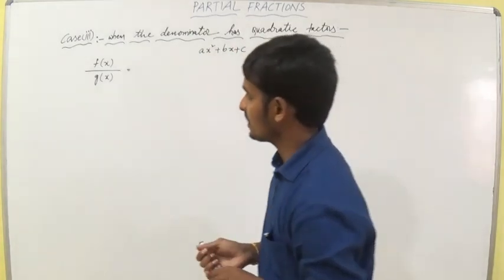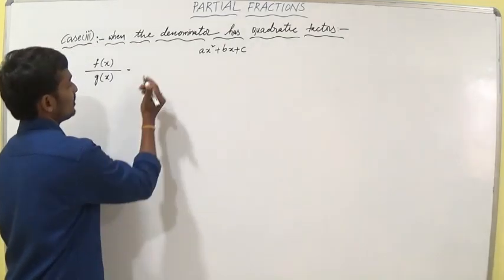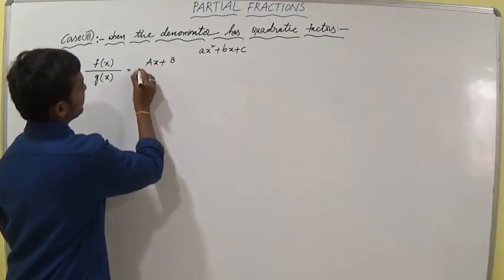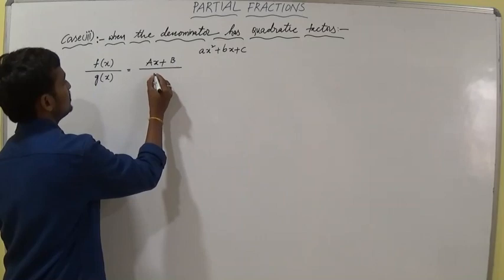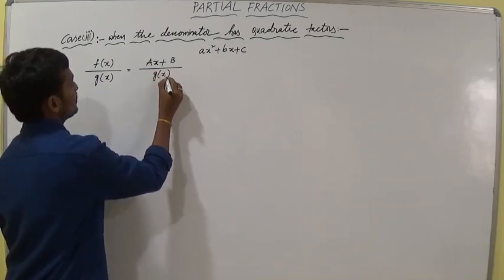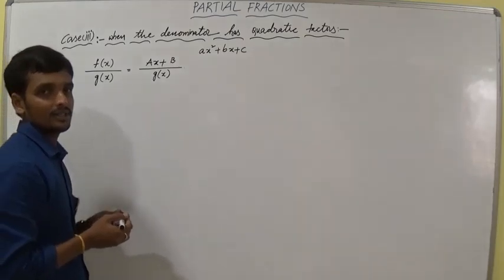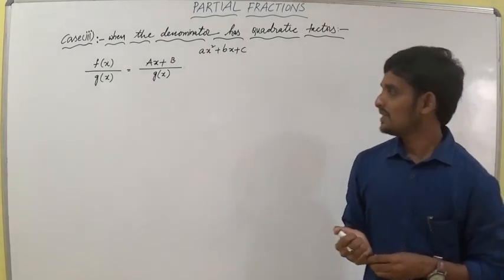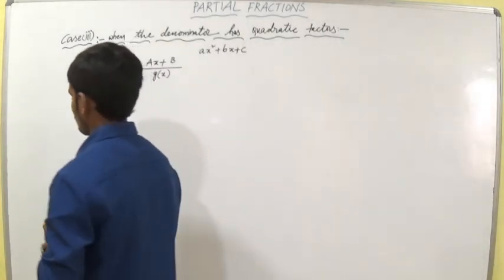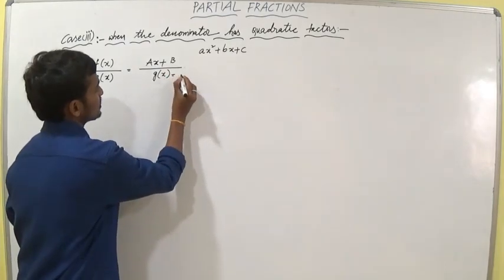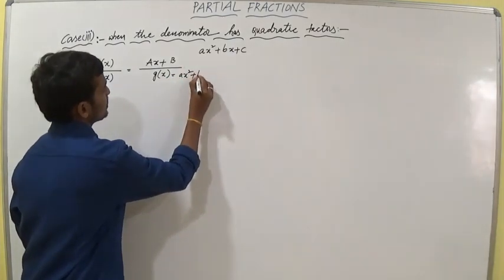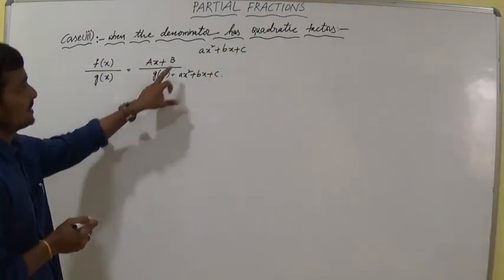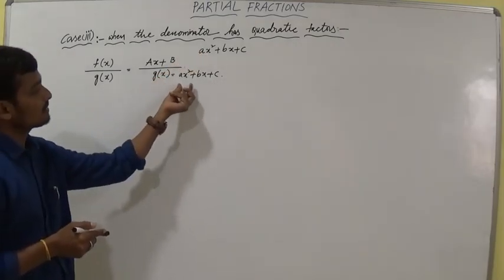In this way, we write the general form as ax plus b by the denominator g of x. G of x is a quadratic function. That means in the place of g of x we have to write ax square plus bx plus c. Why? Because g of x is a quadratic function.